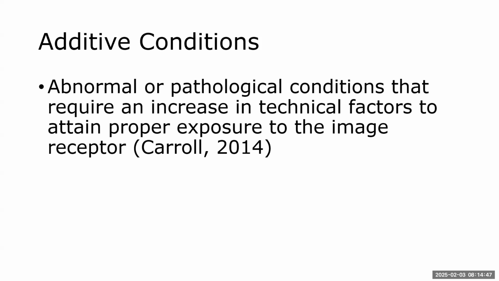So additive means it's increasing the absorption characteristics of the part, so you have to add to your technique to compensate for that. Does that make sense? Additive means it's increasing. Subtractive means it's decreasing. Or destructive is the other term for that.